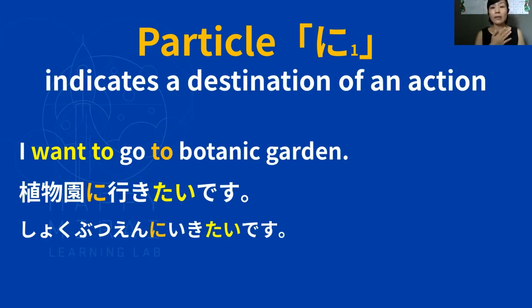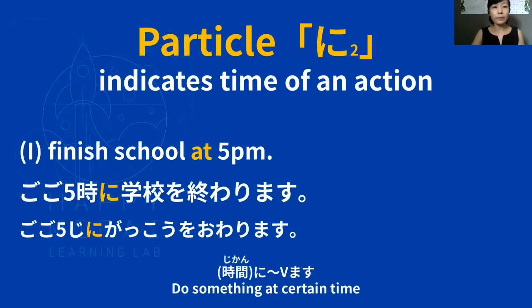When you say 行きたいです, that means I want to go. 植物園に行きたいです. So に over here tells us a destination, all right?